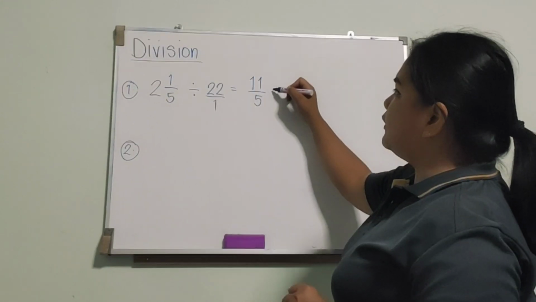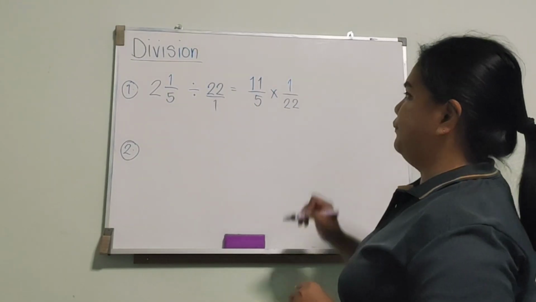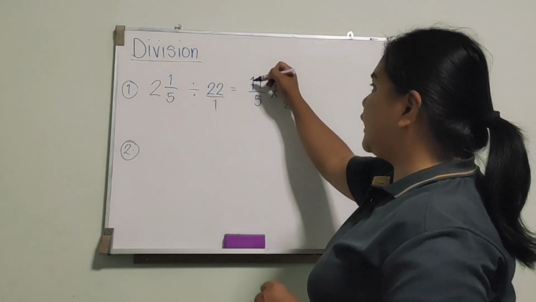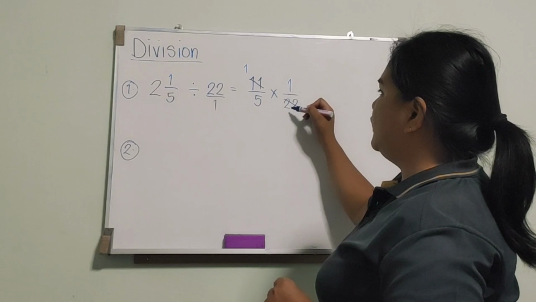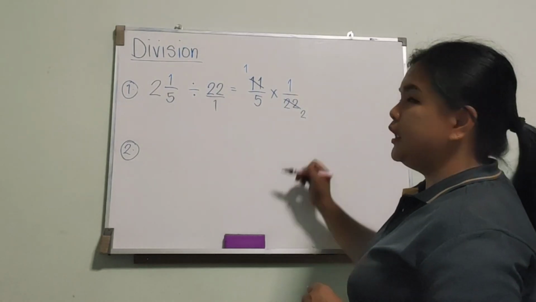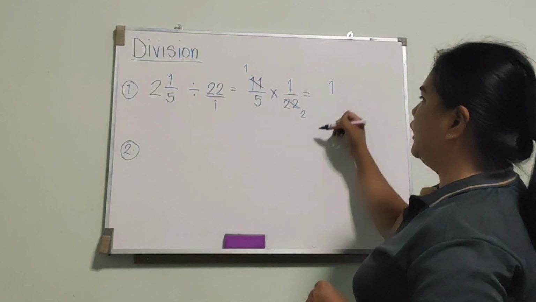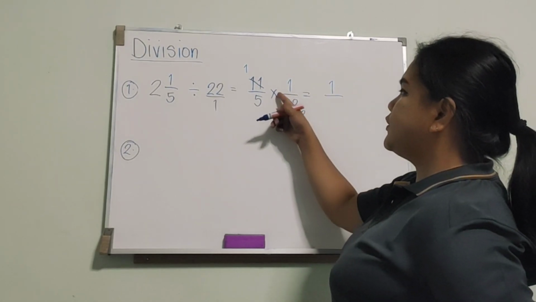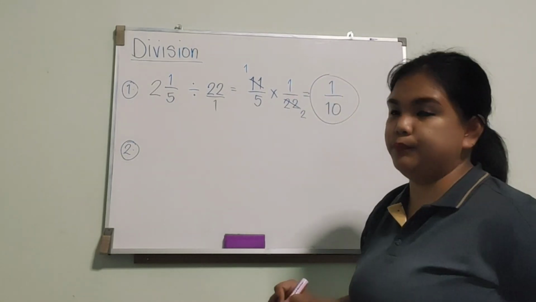So you will get, times, 1 over 22. Next, we can cancel 11 and 22. 11 becomes 1, 22 becomes 2. Multiply it. 1 times 1, you will get 1. And then 5 times 2, you will get 10. And that is the answer.